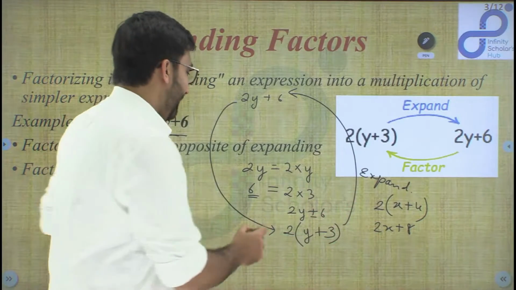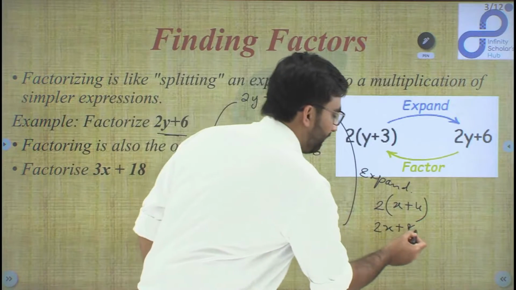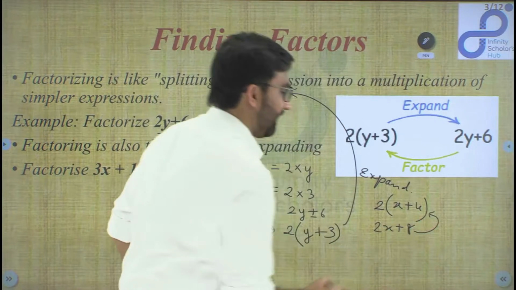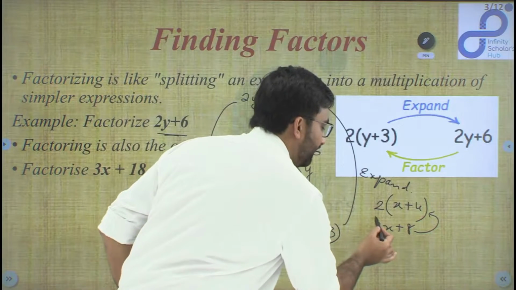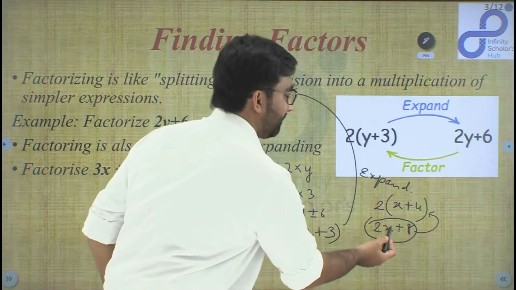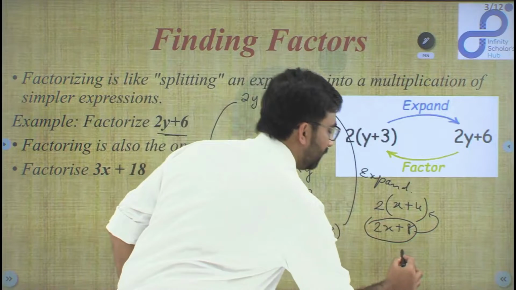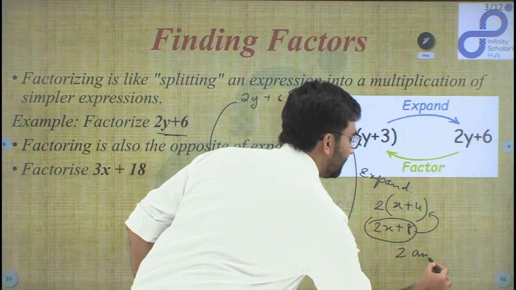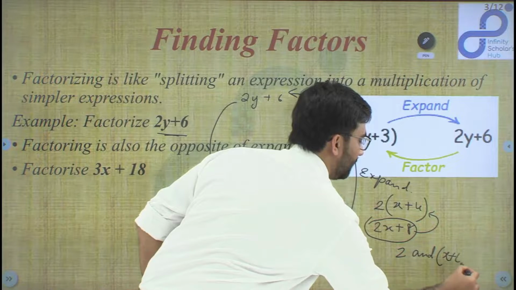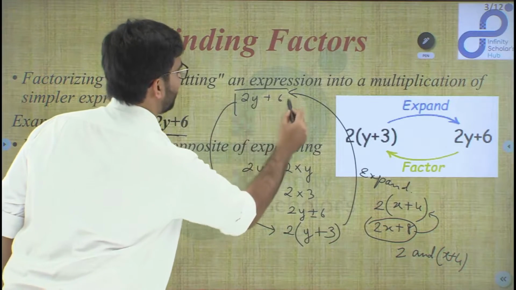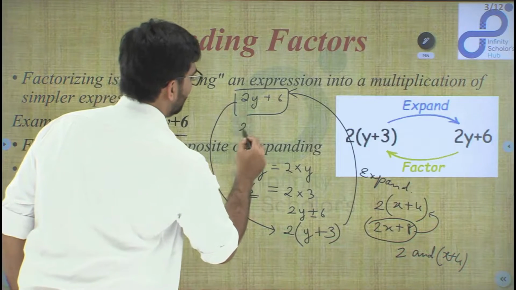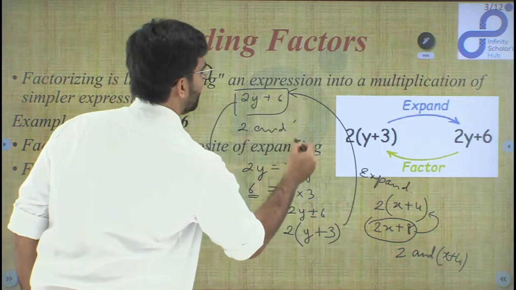And if you go from this step to the first step, that means you have done factorization. So you have found out the factors of this expression, and the factors of this expression are 2 and x plus 4. Same way over here the factors of the expression 2y plus 6 are 2 and y plus 3.